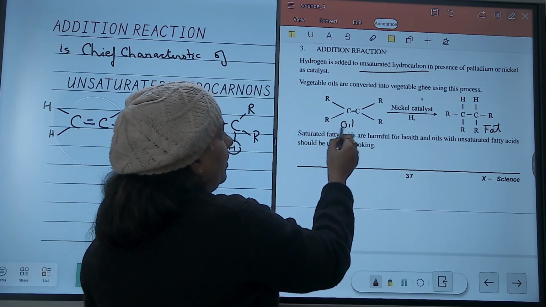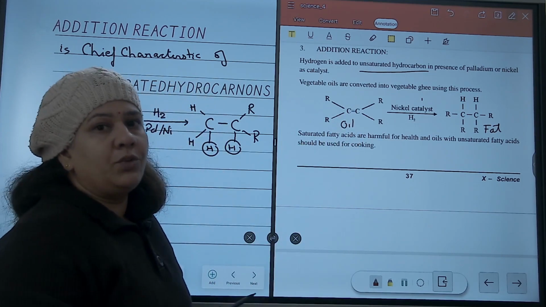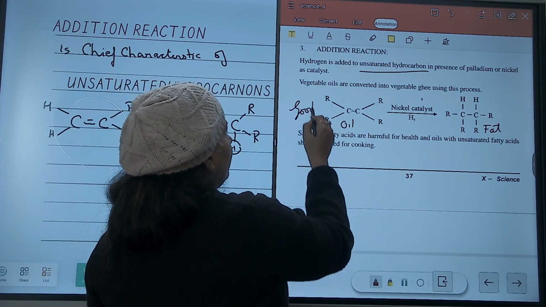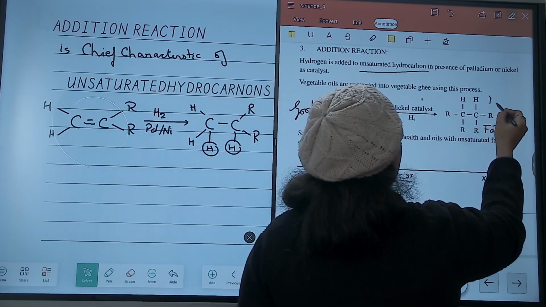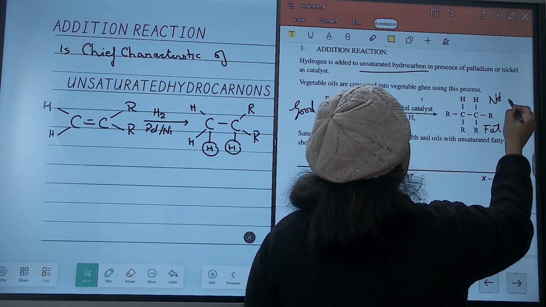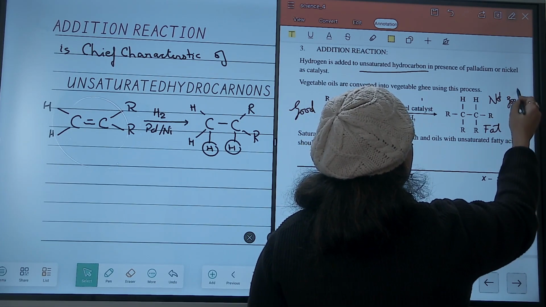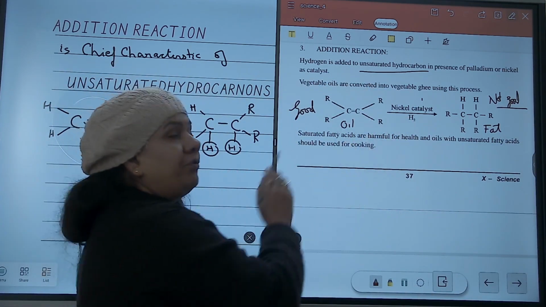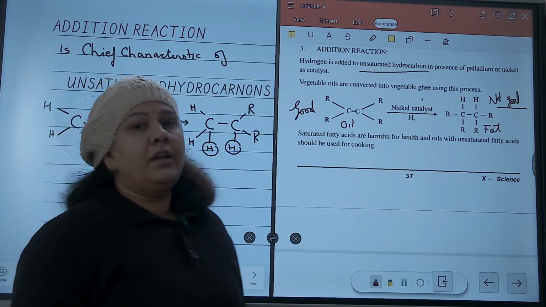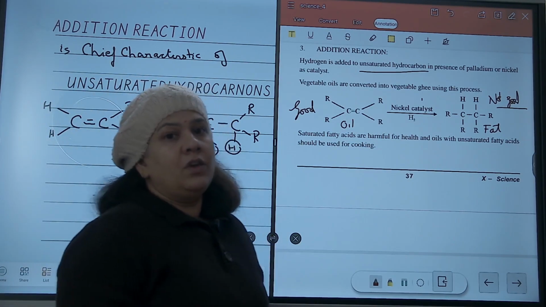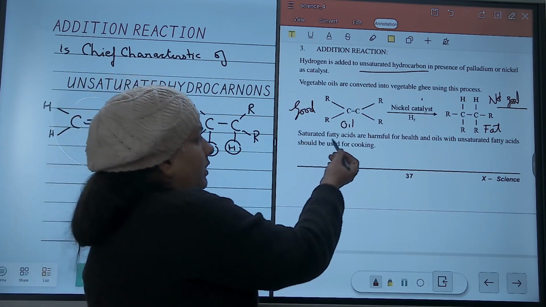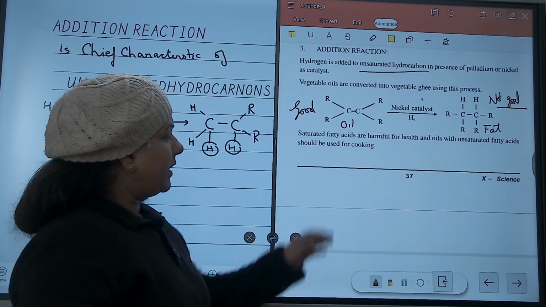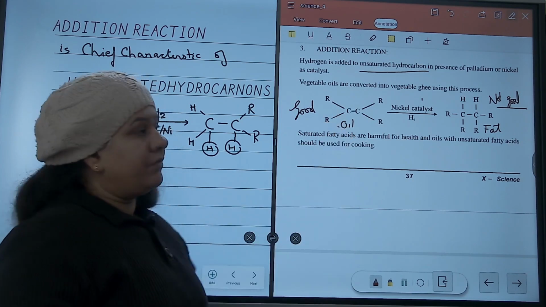Our oils are generally unsaturated, and this is good for health, and saturated fats are not good for health. So what is the logic of converting oil into fat? The reason being, it increases the shelf life of the product. So this industrial process is carried out to increase the shelf life.